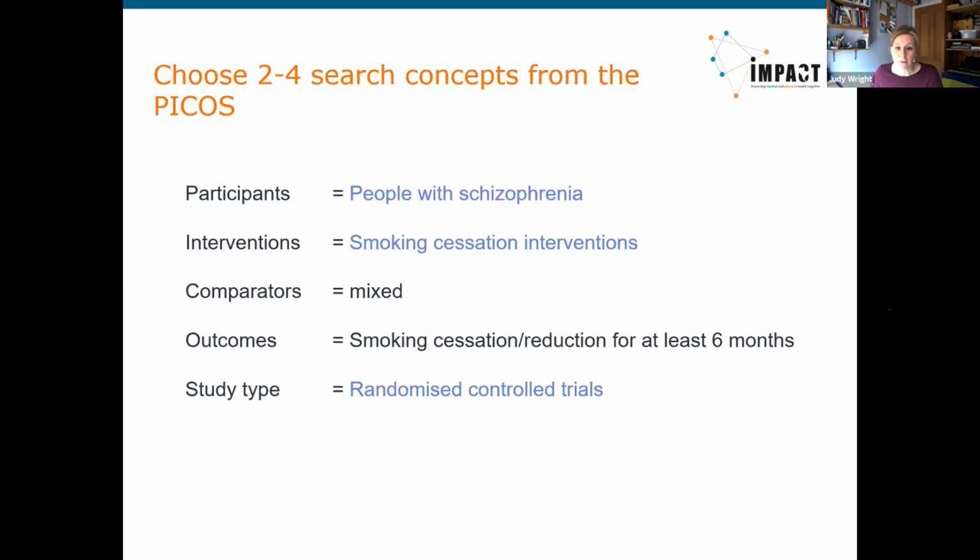The outcomes, I think, is the trickiest part of this search. So I could ask the database to find me trials where smoking cessation has stopped or been reduced at 6 months or later. And it's that 6 months or later bit which is the tricky bit, because I need to think and put in terms for 6 months with a 6 or the word 6.